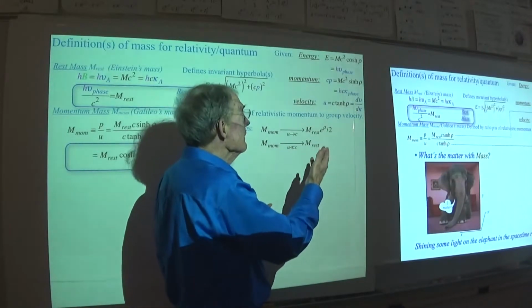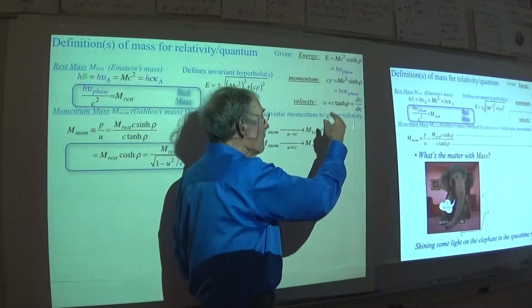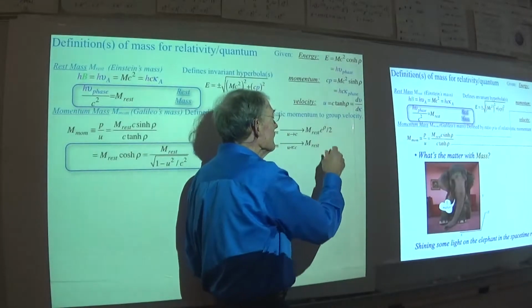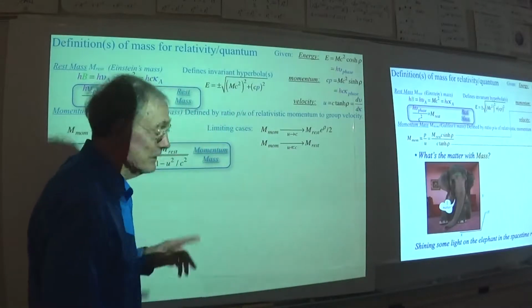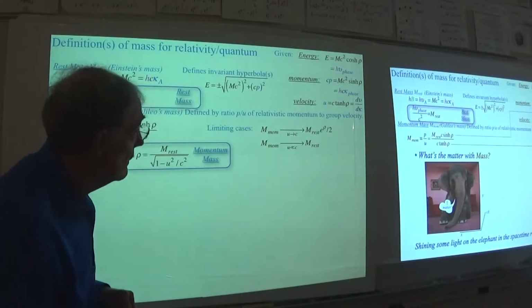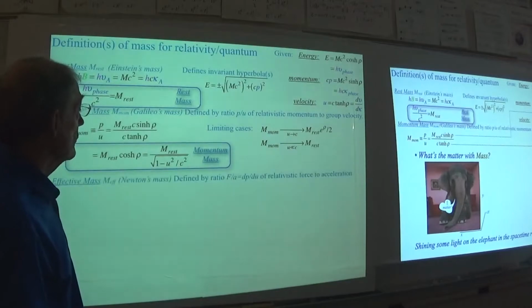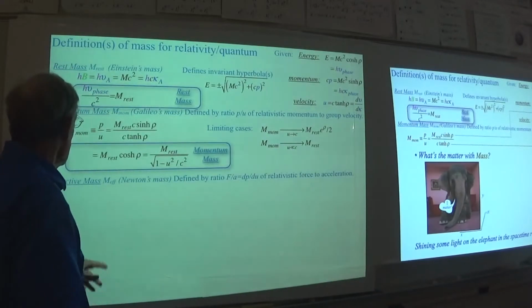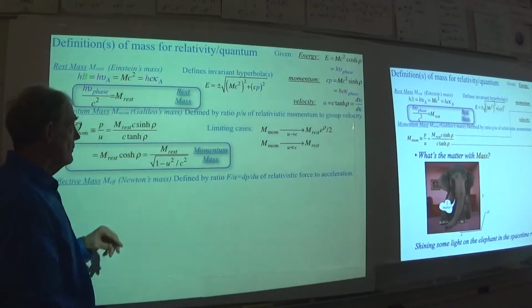Hyperbolic cosine is e to the rho over 2 plus e to the minus rho over 2, okay? This is going to be an exponential explosion as far as this kind of mass. So as you get faster, you get exponentially heavy. The effective mass, this is Newton now.